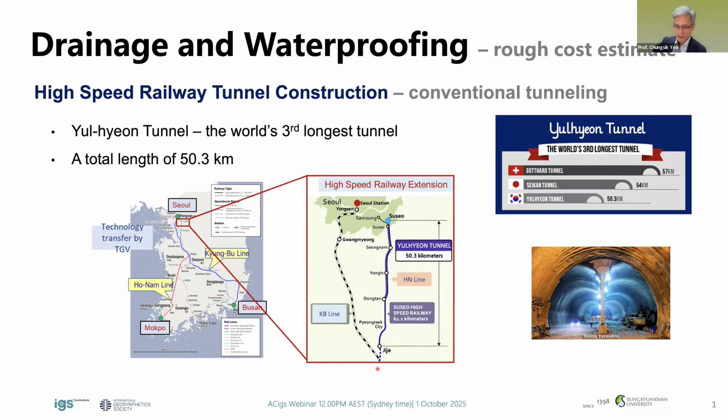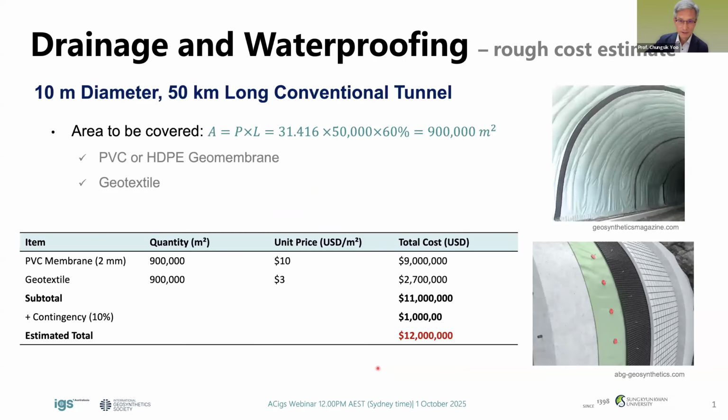Let's do some math here. The tunnel has about a 10 to 13 meter diameter and runs for 50 kilometers. If we assume we are covering just 10% of the total surface area with geosynthetics, that is already over 345,000 square meters.